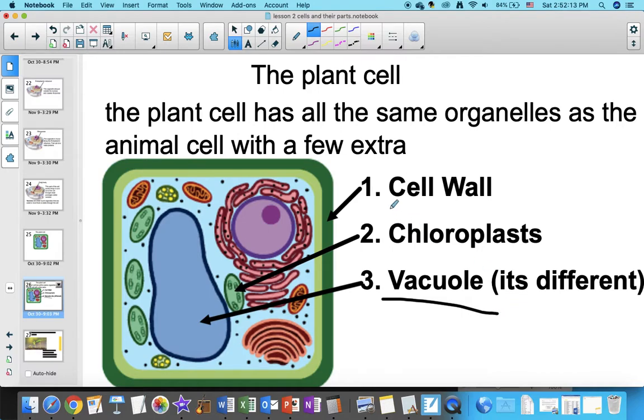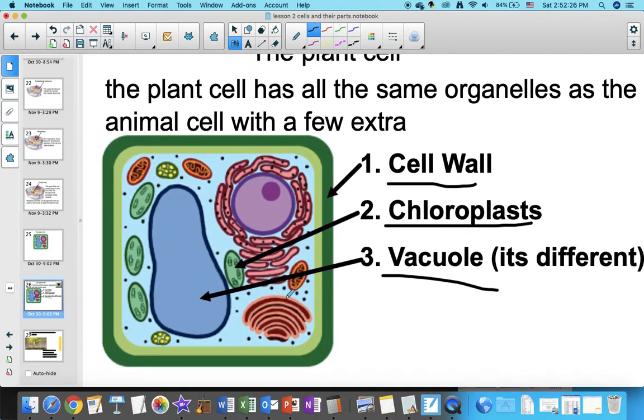So we have the cell wall in plant cells, this outer dark layer. We have the chloroplasts, which is this green organelle. And we have the vacuole, which is this large blob near the center. Each of these things are different in a plant cell, and they don't exist in the same way as they would in an animal cell.